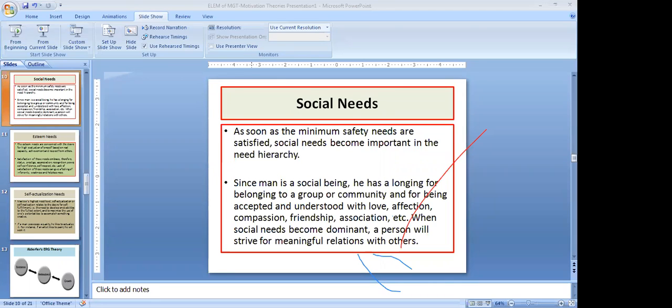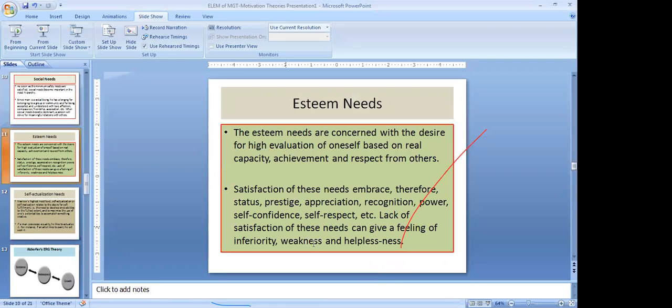So the next on the ladder is the esteem needs. And what does this esteem need represent? The esteem needs are concerned with the desire for high evaluation of oneself based on real capacity, achievement, or even respect from others.